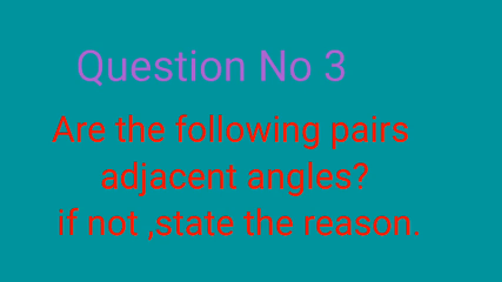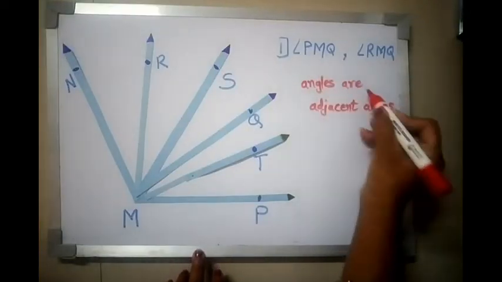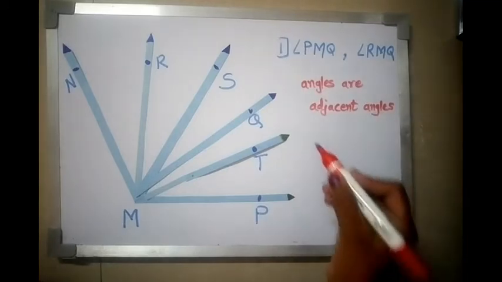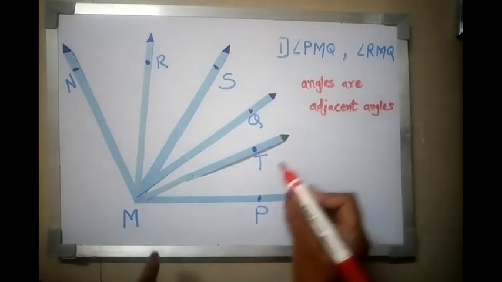Question 3. Are the following pairs adjacent angles? If not, state the reason. First pair is angle PMQ and angle RMQ.